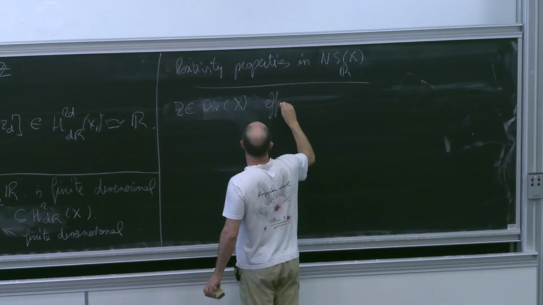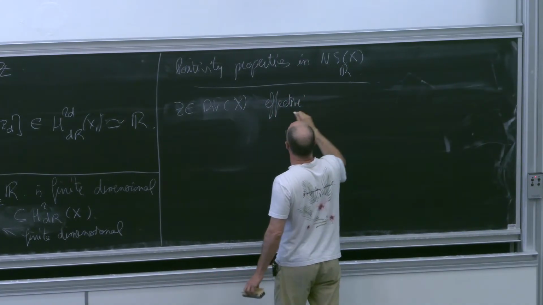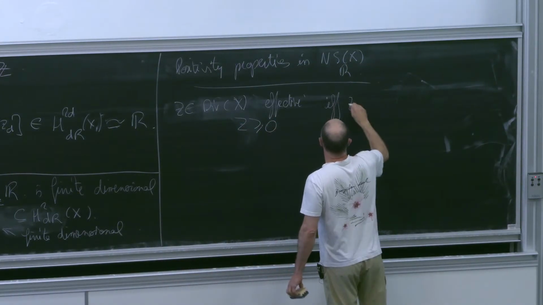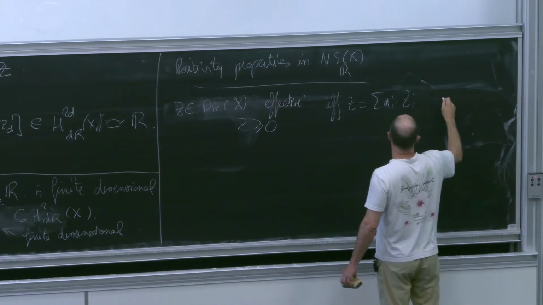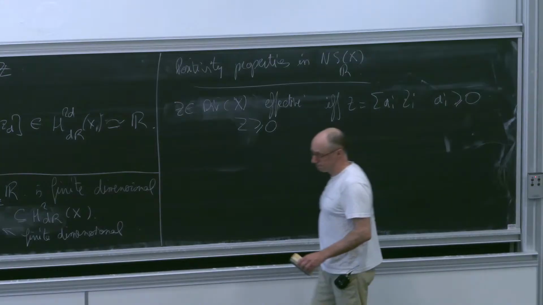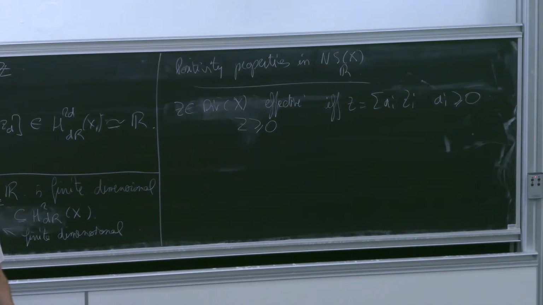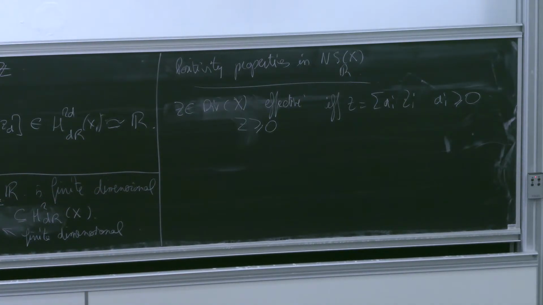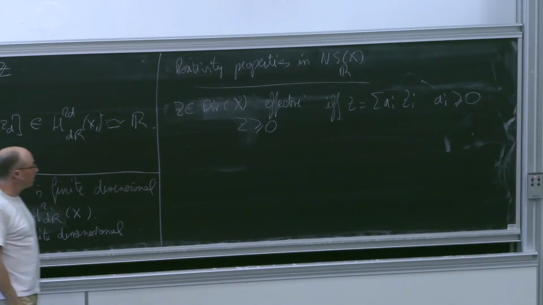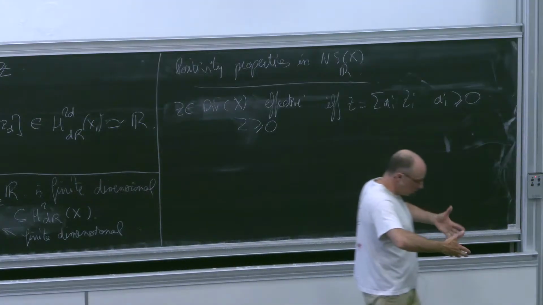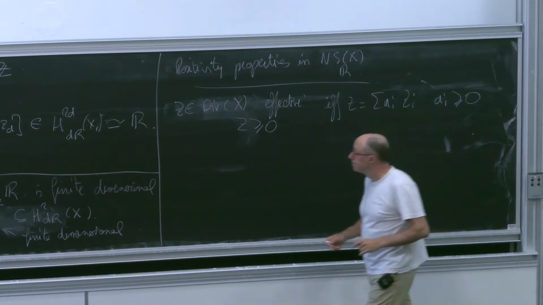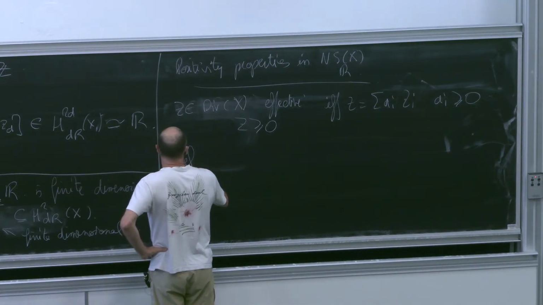Then Z is said to be effective, and we write Z greater or equal to 0, if and only if Z can be written as a sum of a_i Z_i with a_i non-negative. Okay? And then we can look at the set of all effective divisors, and you look at all the images in the Néron-Severi space. So this is a set of integral points, and what you can do is to look at the convex hull of this set of points and take the closure. So this is called the pseudo-effective cone.